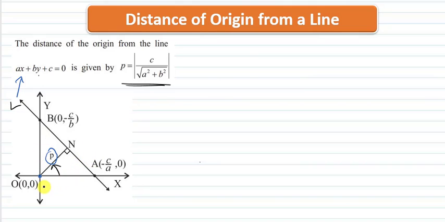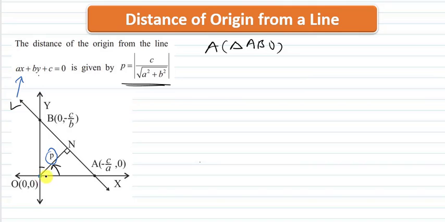Here you can see there is a triangle ABO formed by the line after intersecting the x-axis and y-axis. If I want to find the area of triangle ABO, by considering OA as base and OB as height.